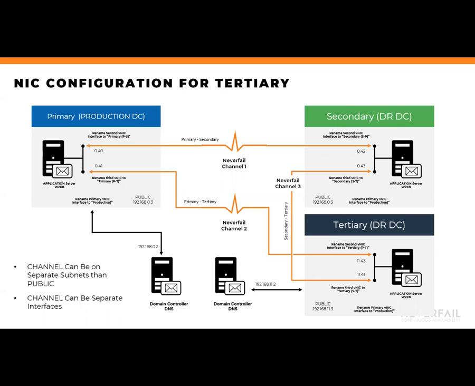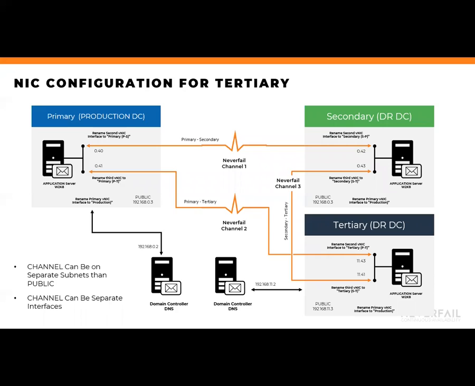So it's a mesh configuration, if you will, and all the nodes can talk to one another. But what's nice about this is that during the actual deployment wizard, it asks you for all of these IP addresses in the right order that you need to do them. So you can very easily understand it, and you can deploy this very, very easily.